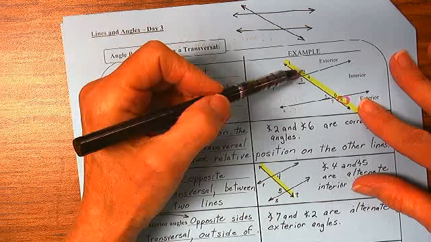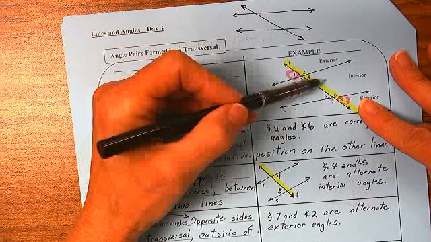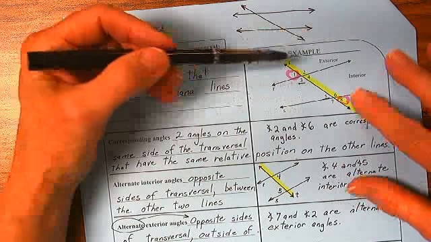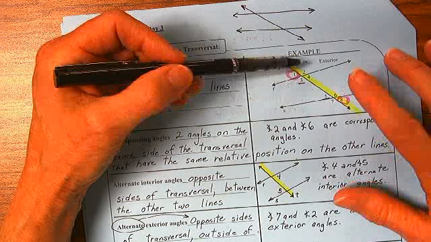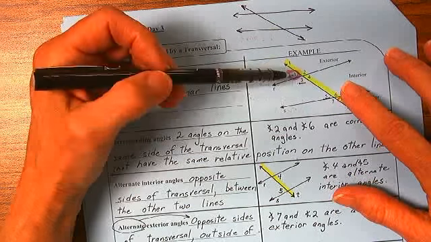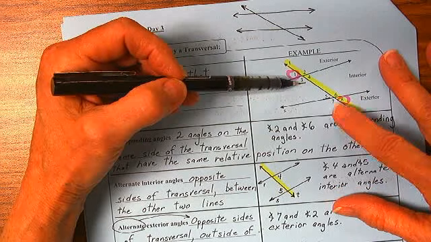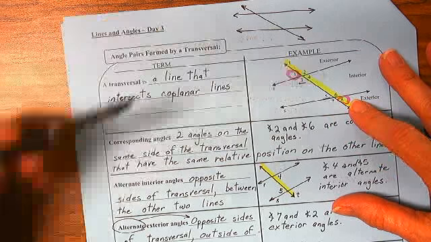If this is north, south, east, and west, then corresponding angles are both, for example, northeast or northwest or southwest or southeast.